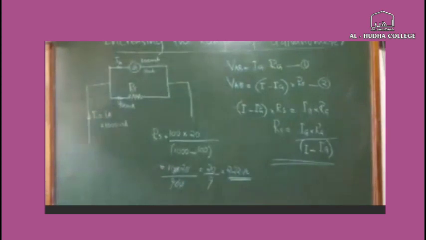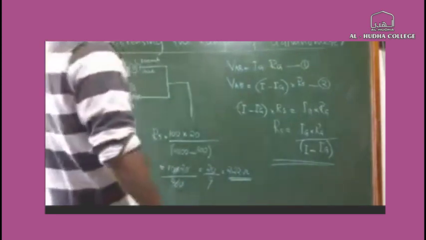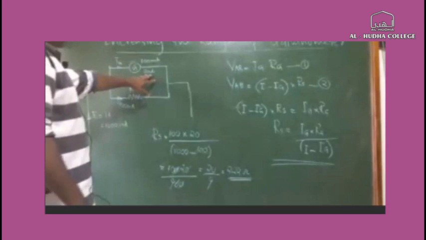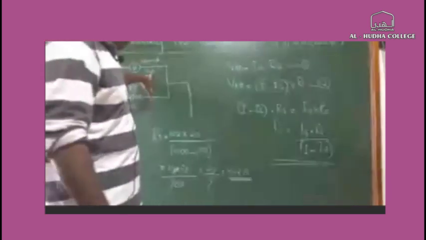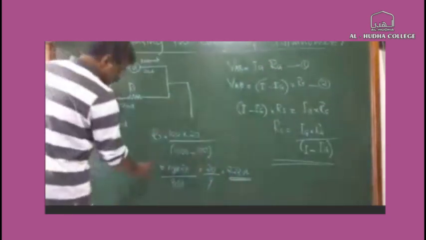Right. So you can see our galvanometer resistance is 20 ohms, and the shunt resistor is 2.22 ohms. That is almost 10 times smaller.